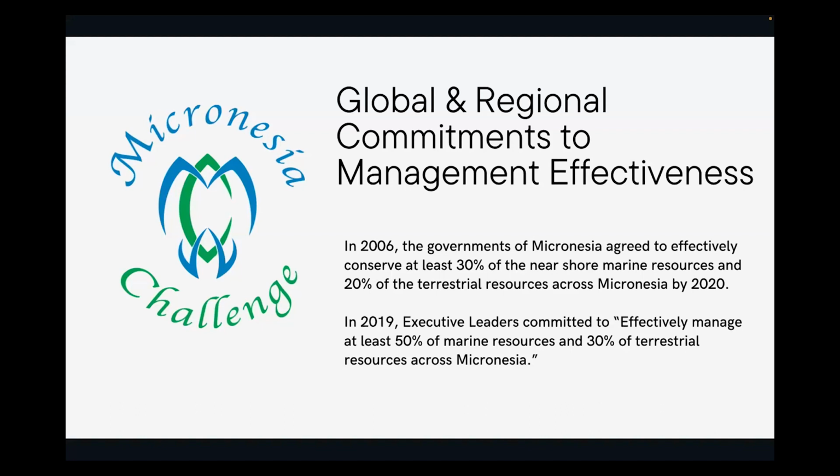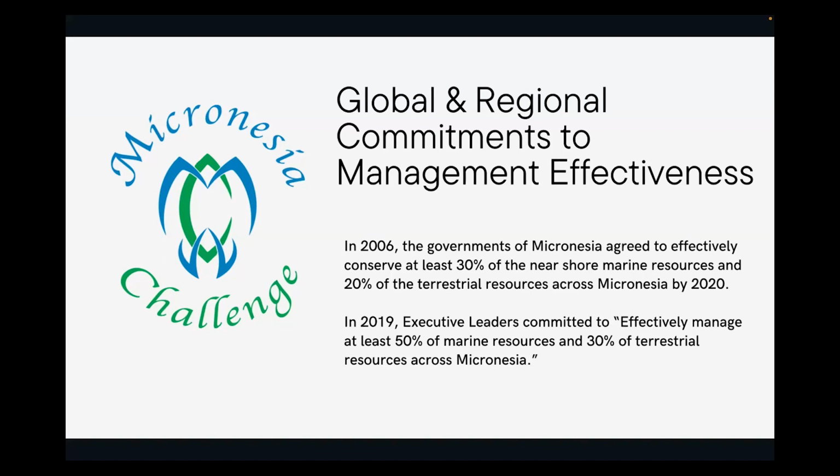So the new target is to effectively manage at least 50% of marine resources and 30% of terrestrial resources across Micronesia. What I want to make clear, though, is that this 50% of effective management does not mean the intent behind this is not about 50% of the marine area placed into protected areas.